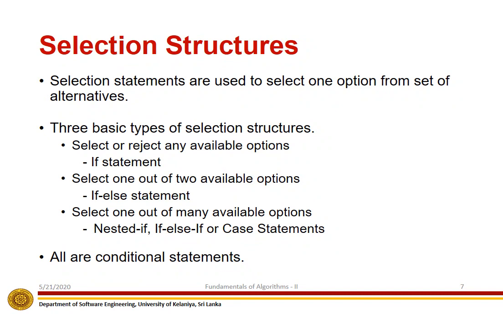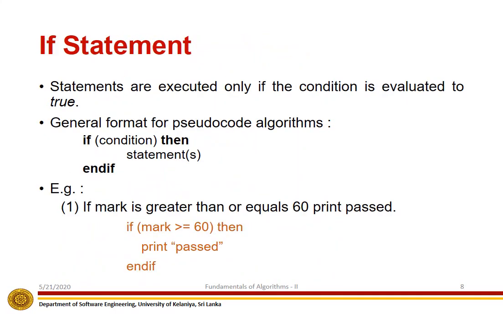Now we will see each of the selection statements one by one in detail. First one is if statements. In here, statements are executed only if the condition is evaluated to be true. Otherwise, this if block will not be executed. Then that statement will not run if the condition is not satisfied.